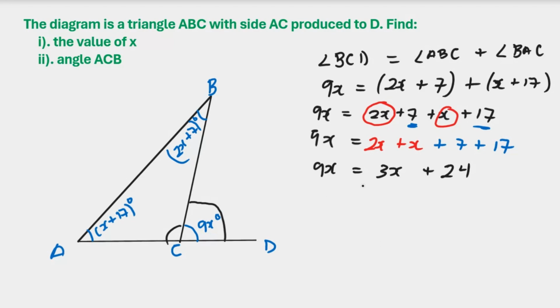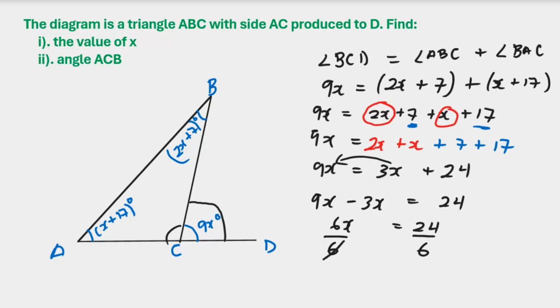So what do we do? We can just bring 3x to this side, they are like terms. So that's going to be 9x minus 3x equal to 24. 9x minus 3x, that will give me 6x equal to 24. So I just divide here by 6, here too by 6.